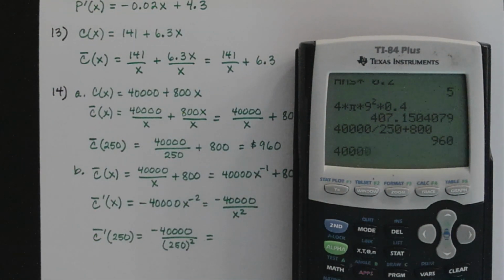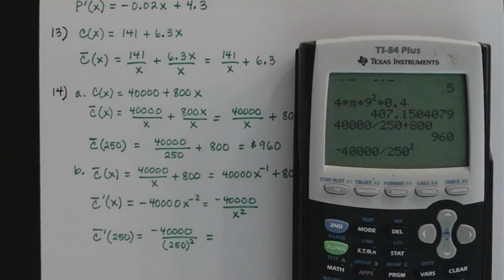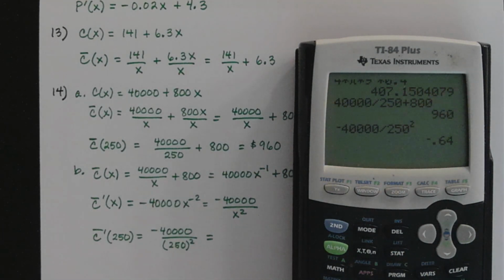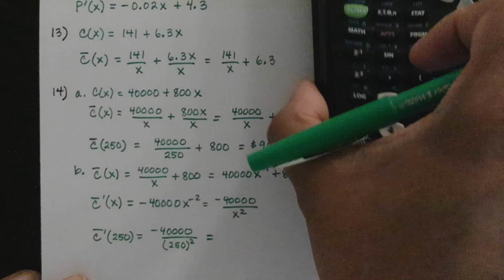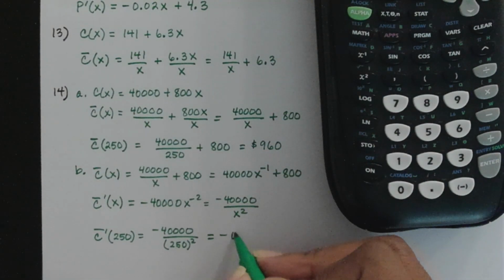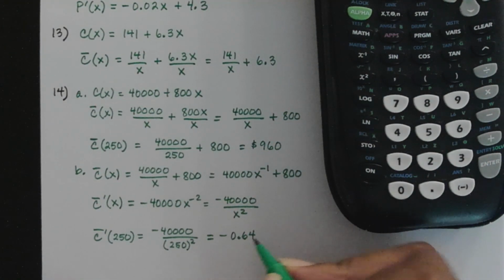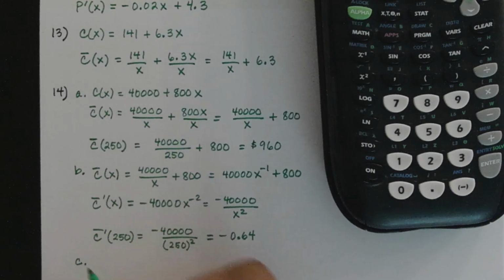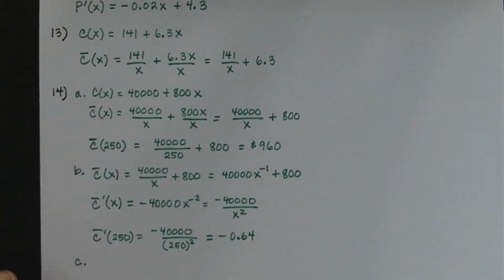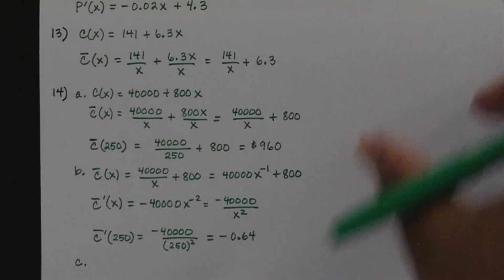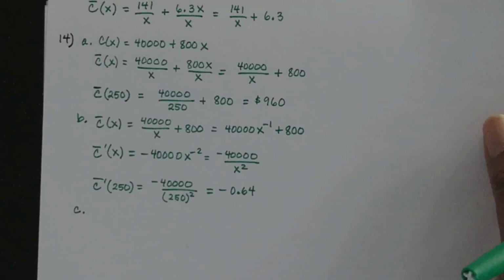So negative 40,000 divided by 250, and then X squared to square it. And here I get a negative 0.64. Okay, so that's part B. So the marginal average cost would be a negative 64 cents.